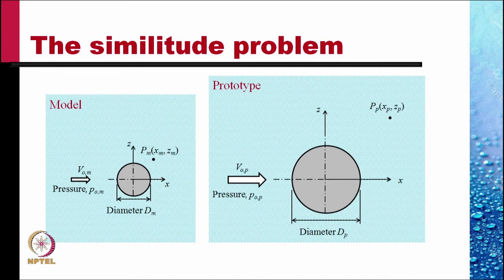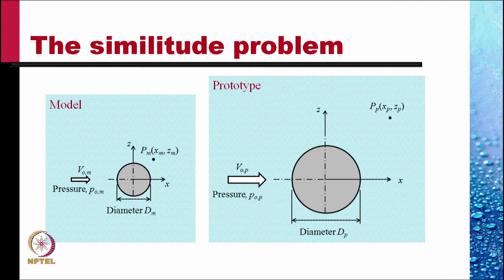Then we do our experiment with the model for a given value of velocity V0 (M for model), atmospheric pressure P_M, and diameter D_M, and then from this predict what would be the results on the prototype.